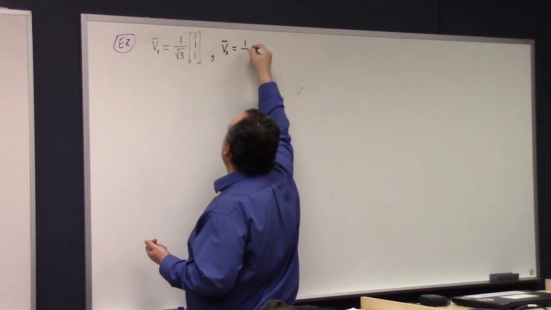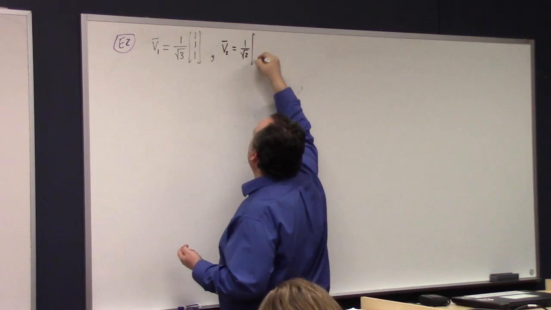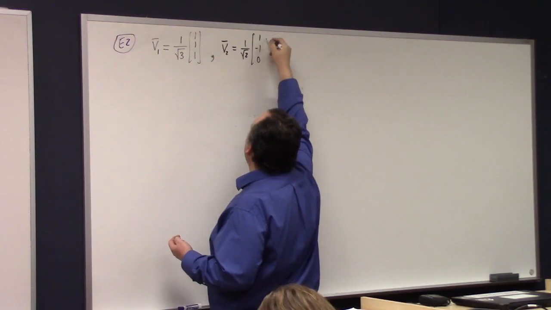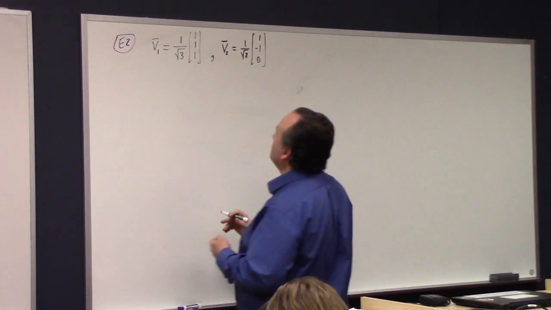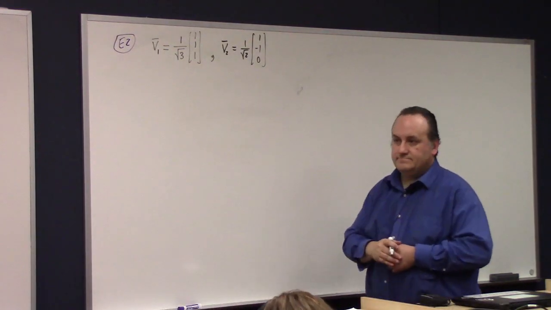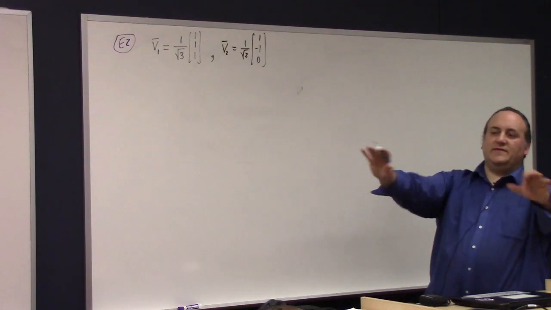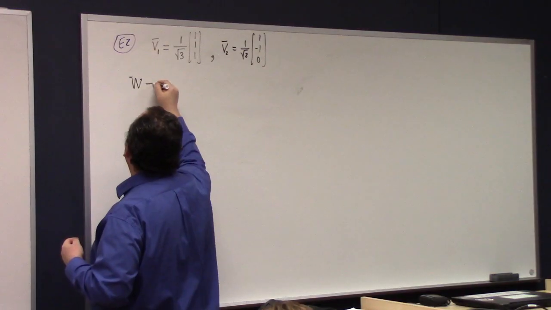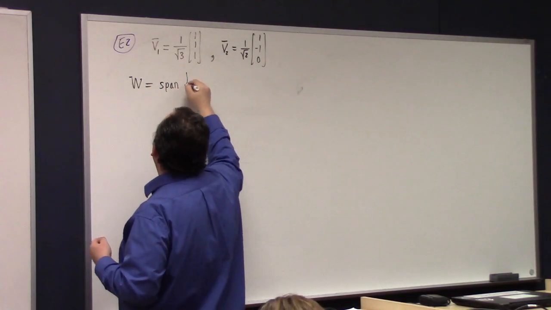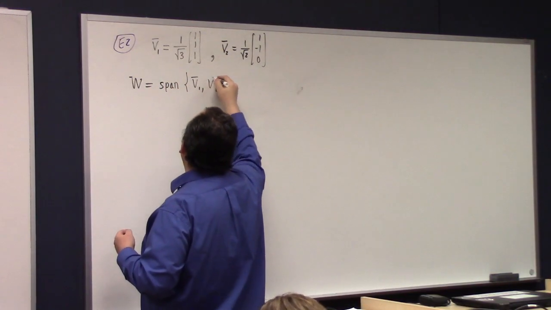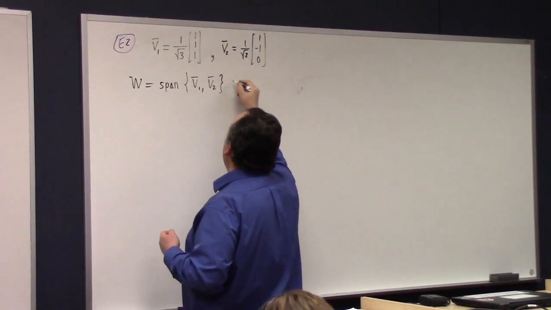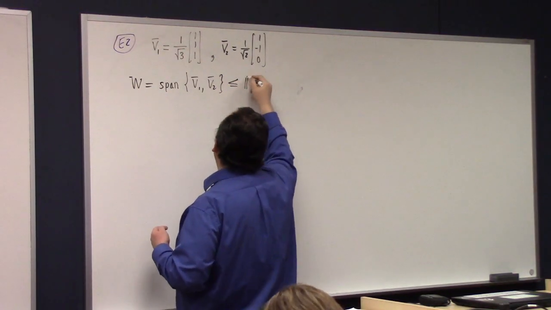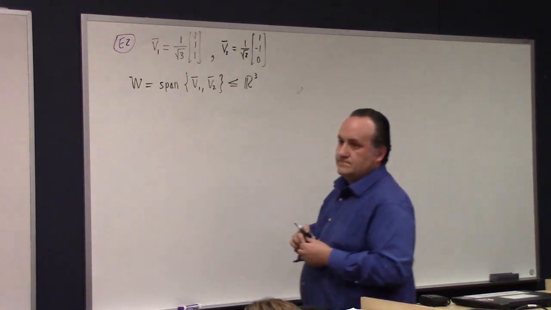How about this, 1 over square root of 2, times (1, minus 1, 0), right? Actually, I'm going to stop right there. We can talk about W equal to the span of v bar 1, v bar 2. This would be a two-dimensional subspace of R3, right?